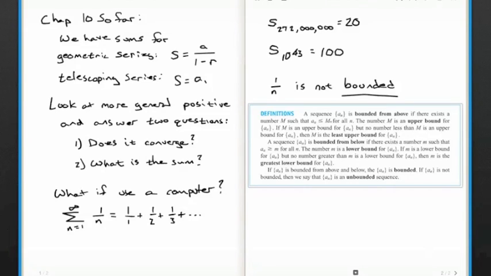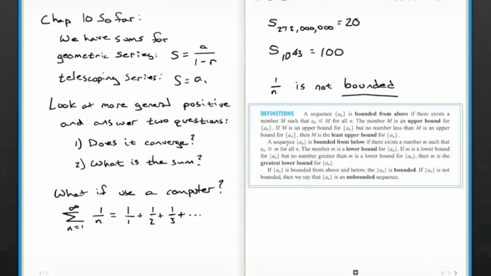So what does this mean again? It doesn't matter how far out we go. We could go out 10 to the 43rd or 10 to the 103rd, as many terms as you can imagine, all the way to infinity, and a sub n will always be less than M. And if M is the least number that works for that, then M is the least upper bound.